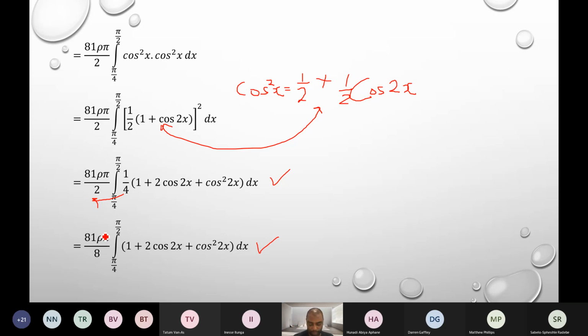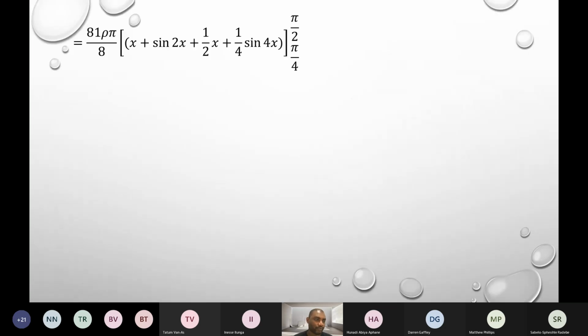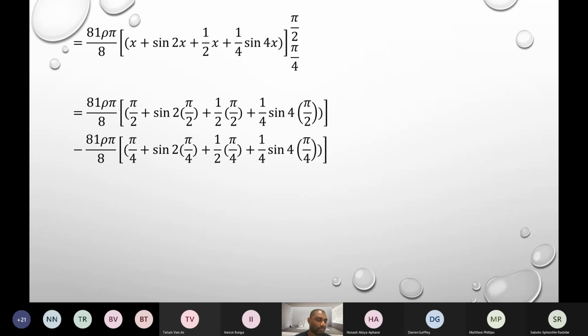Now from here, I integrate. And then I substitute and I get my answer there. Always remember that pi, you see this x here. If I put pi/2, just pi/2 as it is.